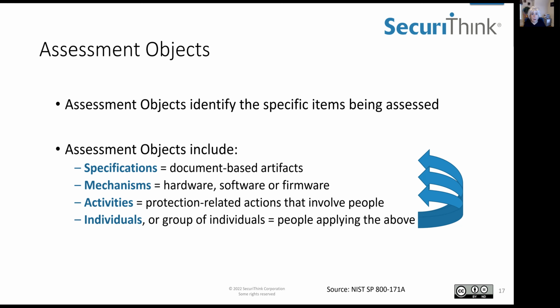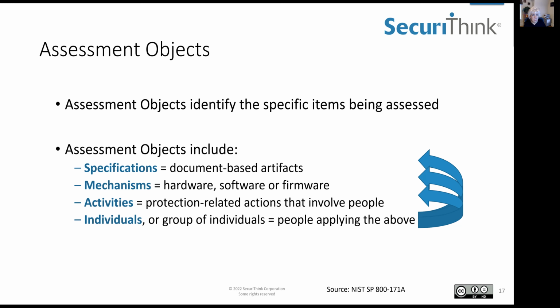It says that there are 4 types of assessment objects. We have specifications, which 171A says are document-based artifacts. We have mechanisms, and this is the technology, the hardware, software, firmware. And we have activities, and those are actions that people do. And then it also includes individuals on the list of assessment objects because, well, it turns out we need people to make all the other things work.